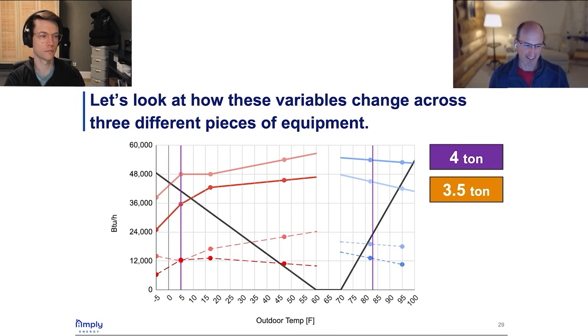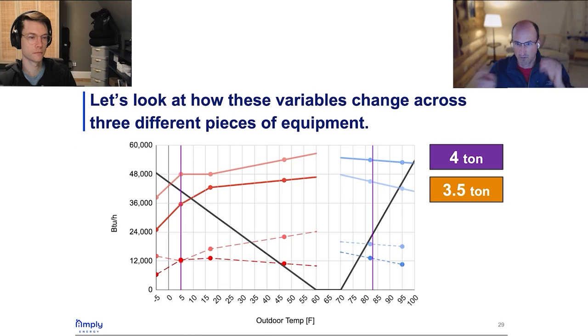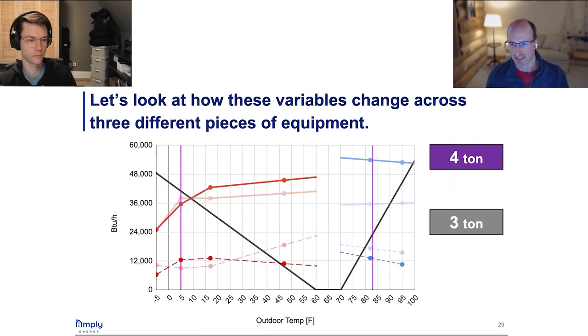But for those of you that don't have access to YouTube right now, the max capacity curve is way higher. It actually has way more heating capability than the 4-ton unit that we were previously showing. And the max cooling and the min cooling curves are also very different. And I'll throw on a third piece of equipment. This is a 3-ton unit.